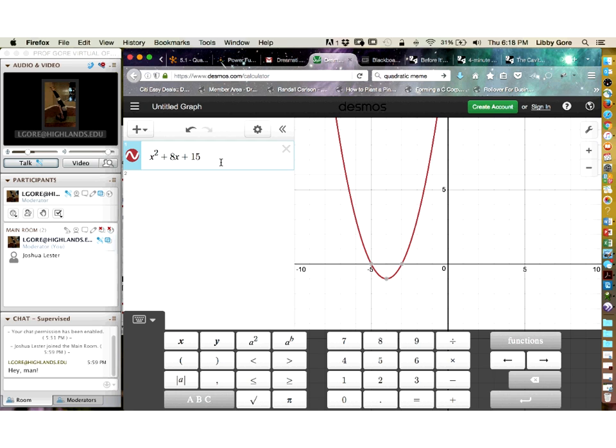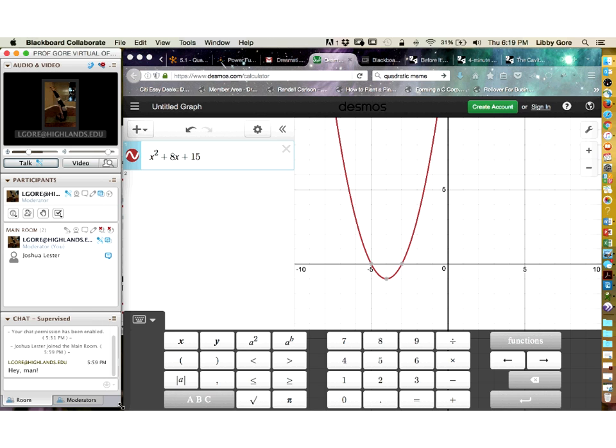The reason I wanted to show you this is we figured out that we had solutions of -5 and -3. And I wanted to point out where this thing crosses the x-axis is at -5 and -3. Those are its x-intercepts. Notice 0 is plugged in for y there because it's an x-intercept.